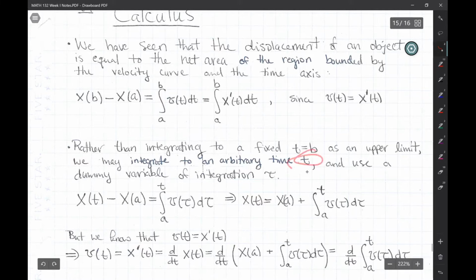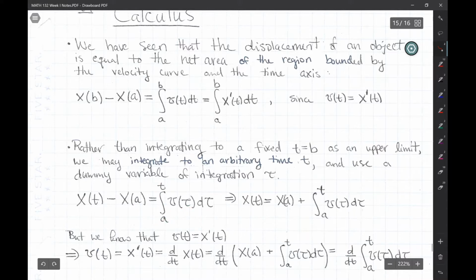And since we're using t to integrate to, we've got to use a different dummy variable when we carry out that integration. So just using that relation you see here, we get that the position at time t minus the position at time t equals a is equal to the integral, now integrated over this dummy variable tau, from a to t.